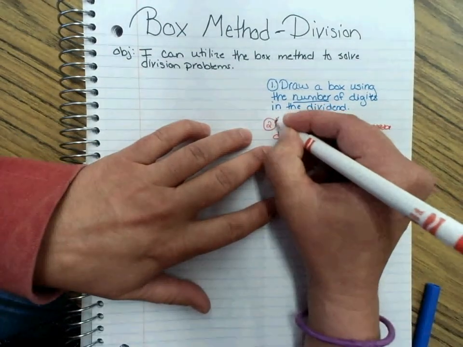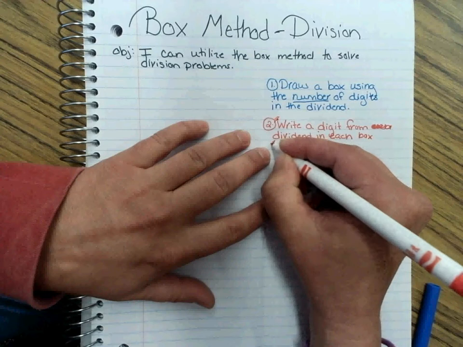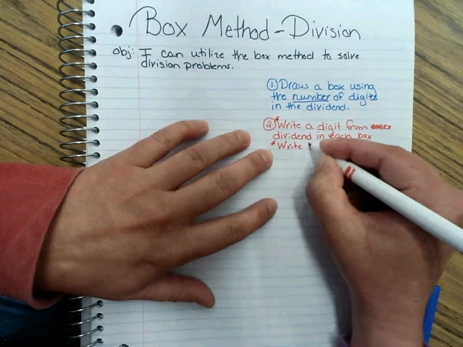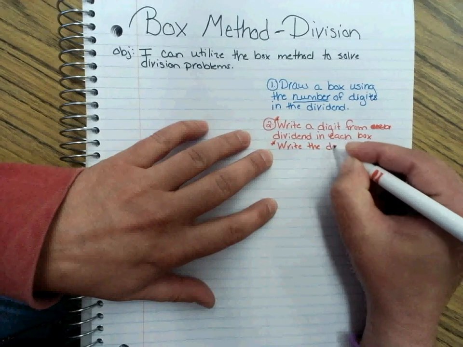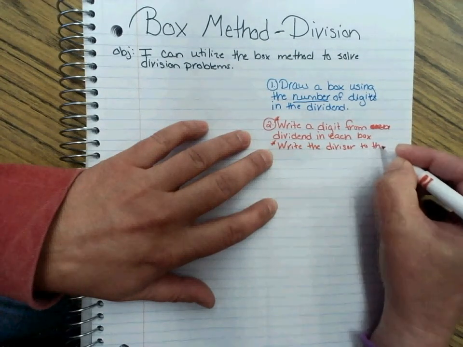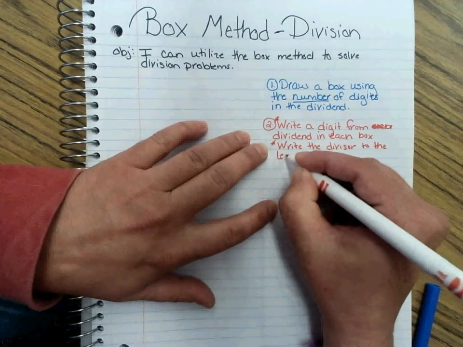So number 2's got a couple of steps in it. Then we're going to write the divisor to the left.